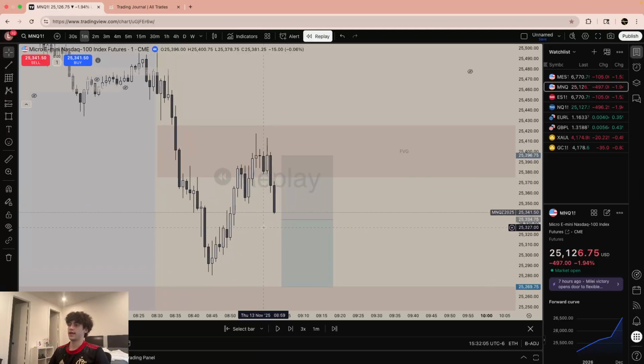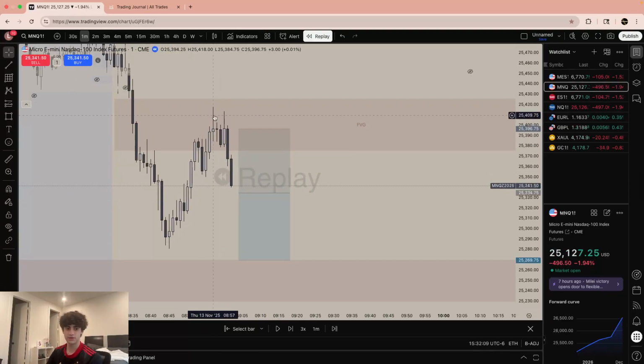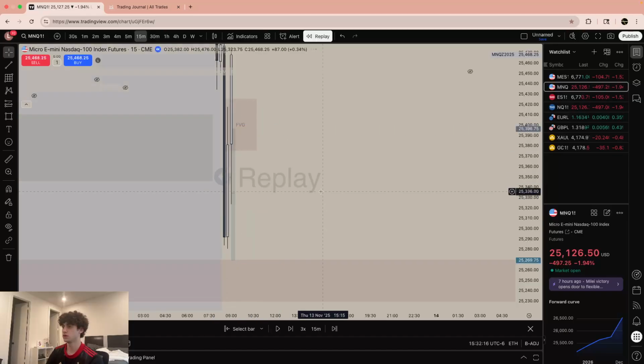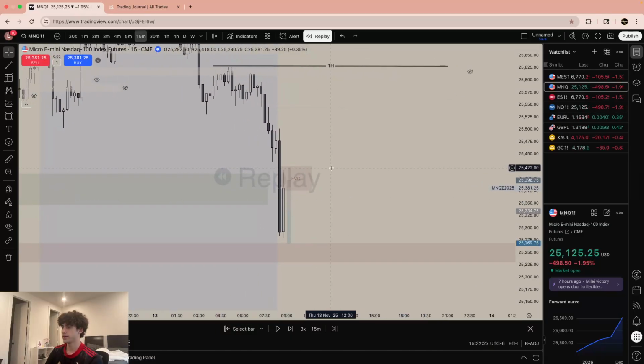Not only does it tag this fair value gap and start inverting this gap, but on ES, or sorry, also on NQ, we open up, it looks like this because it hasn't been like the replay, but here, I'll just put it back for you. There we go. So it opens up this 15-minute gap at the same time that it retraces back into the 5 minute.